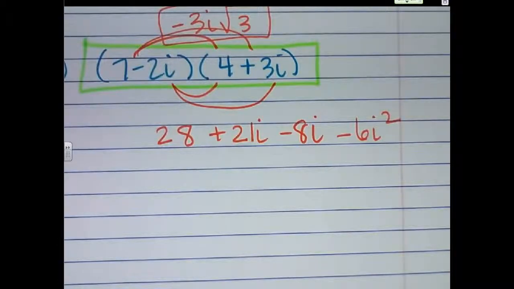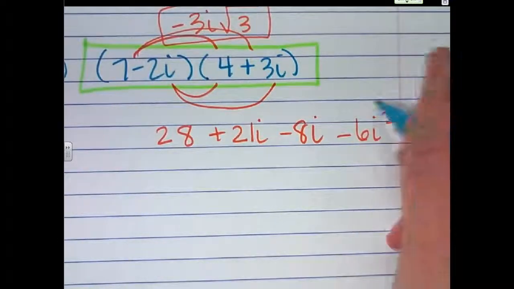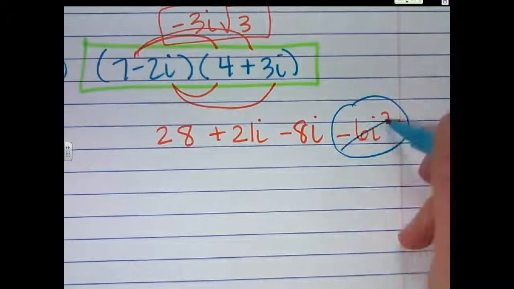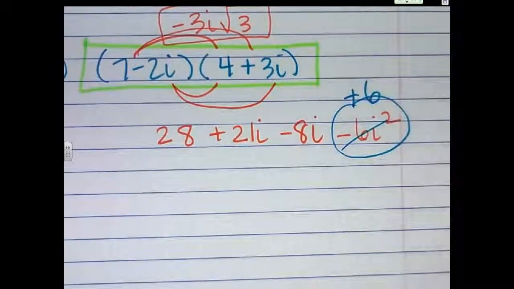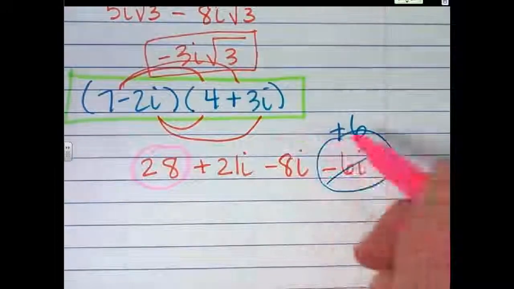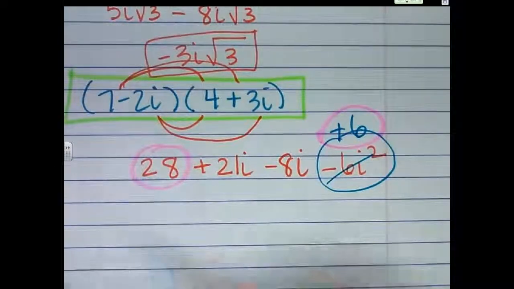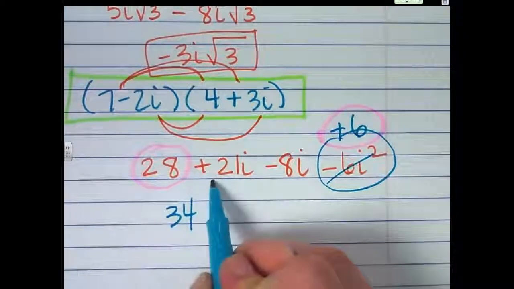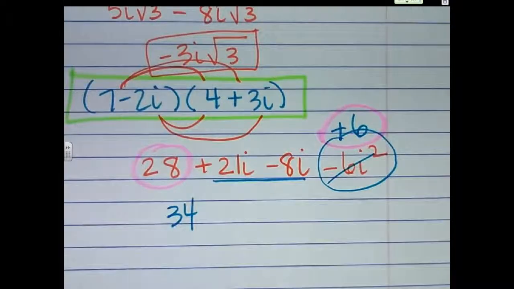So instead of it being x's, where we just combine like terms, what is this? What happens here? It goes to positive 6, right? So I usually just cross it out, put plus 6 above it. And then combine like terms. So 28 plus 6. Is that 34? And then 21i minus 8i.